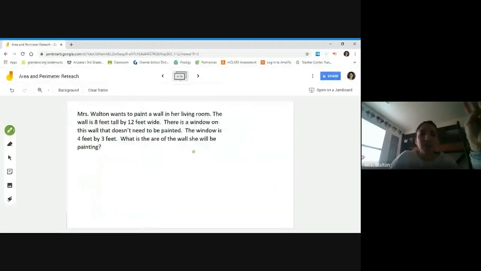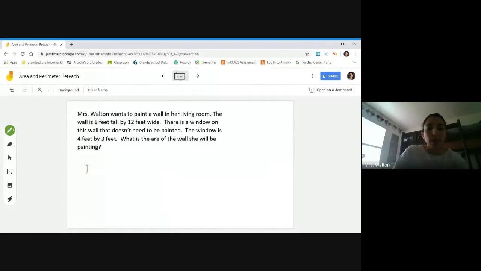So it says Mrs. Walton wants to paint a wall in her living room. The wall is 8 feet tall by 12 feet wide. There is a window on this wall that doesn't need to be painted. The window is 4 feet by 3 feet. What is the area, that should say area, of the wall she will be painting? So width and length, you're drawing a rectangle here.